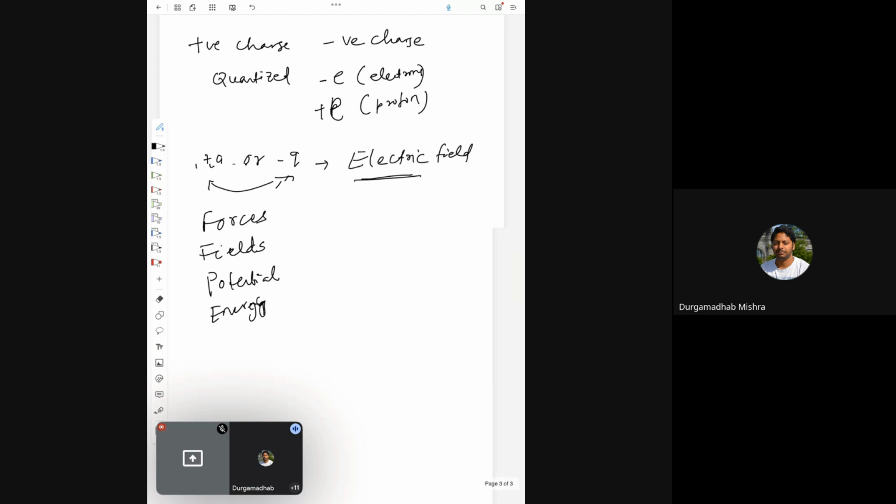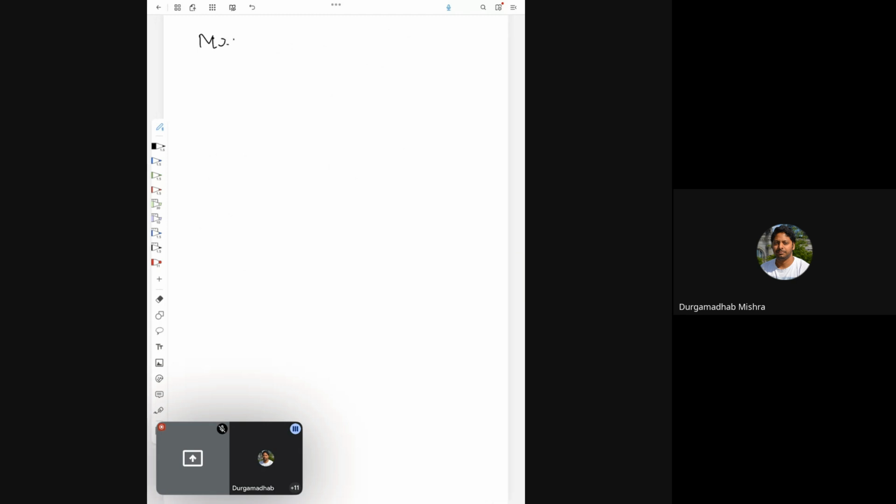We will talk about that later on, but I just want to introduce you to these equations because they will be really useful, and you should be working with them from day one. At least by the end of the course, you should be able to write down Maxwell's equations.